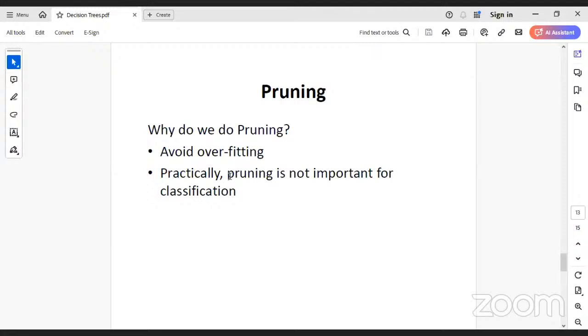But the good thing in CART is that if there is overfitting, we can convert that error into a tabular format. We can check where the error is coming from, and we can prune over there. We keep the tree up to that part, and from the location where the error begins, we can cut the tree.